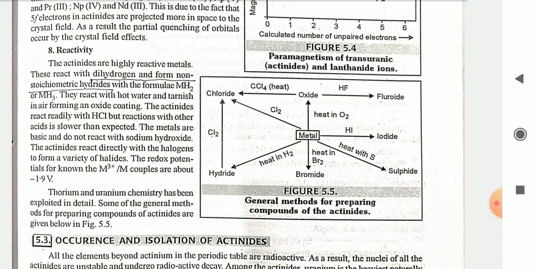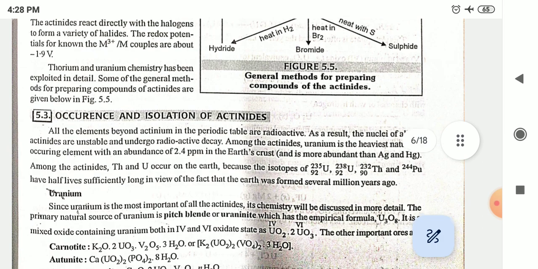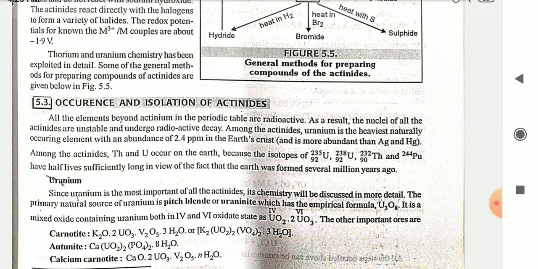Occurrence and isolation of actinides. All the elements beyond actinium in the periodic table are radioactive. As a result, the nuclei of all the actinides are unstable and undergo radioactive decay. Among the actinides, uranium is the heaviest naturally occurring element, with an abundance of 2.4 ppm in the earth's crust.